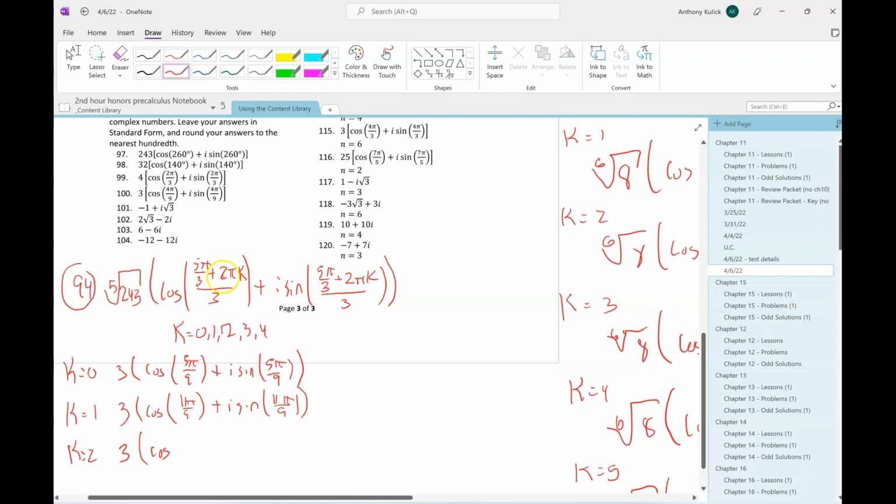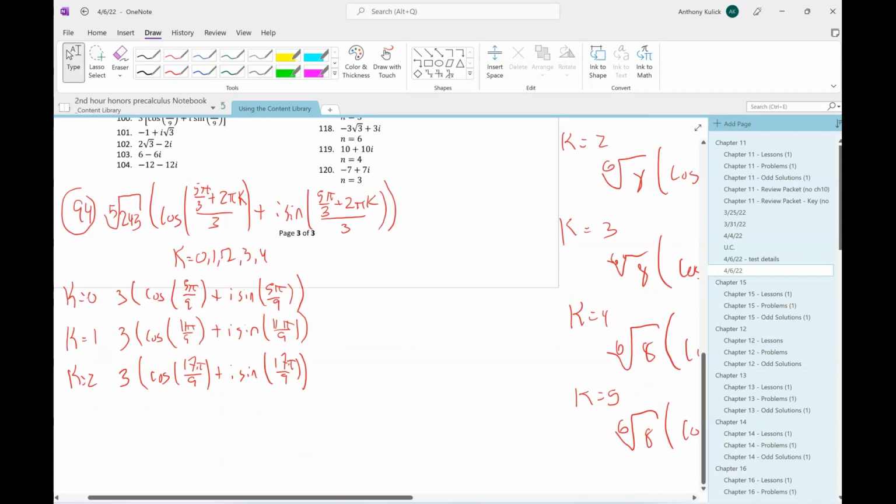And then if I add 4 pi, that's going to be 17 pi over 9. And at this point, I have a pattern that I'm looking at. Notice that the angles are just going up by 6 in the numerator. So I'll just grind these last couple out now that I'm certain the pattern looks good.